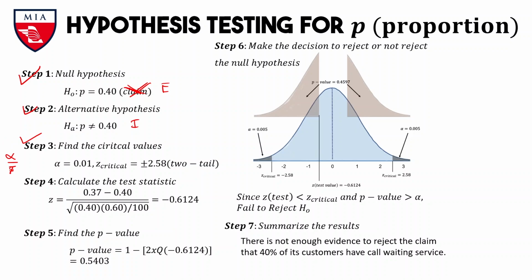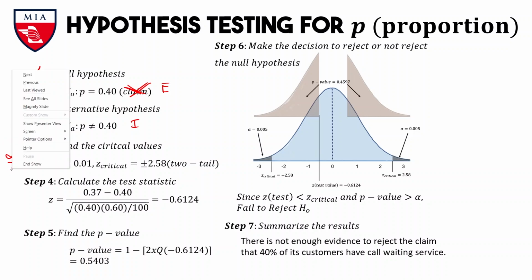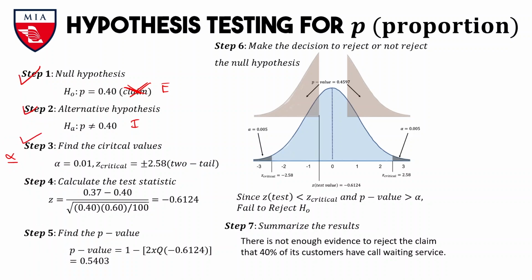For a two-tailed test, we need to divide this by 2. So we have 0.01 divided by 2, so our alpha is 0.005. So the next step is we need to find a certain value.